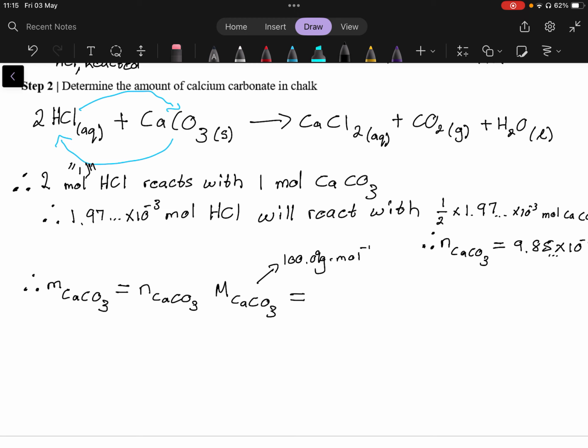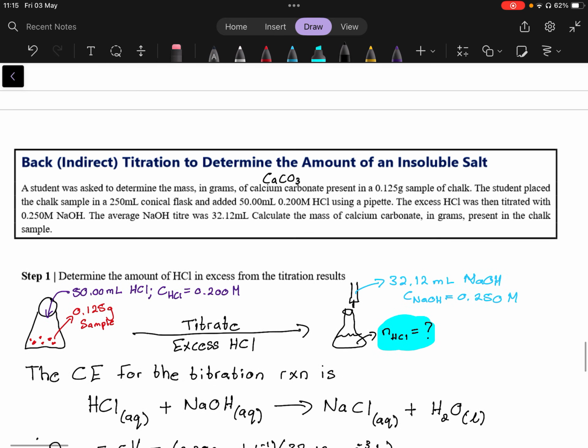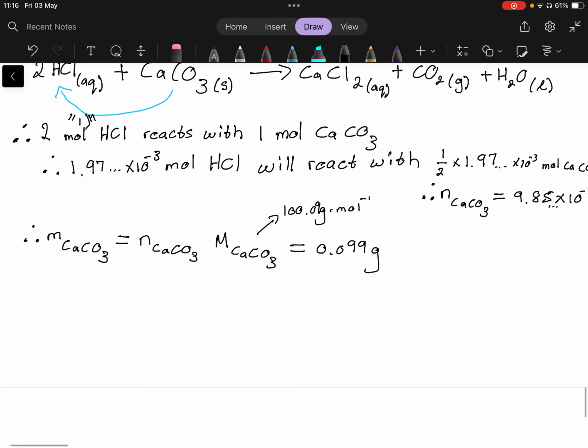So just so you know where my numbers are coming from. So it's equal to 0.099 gram. And just check my significant figures. Actually it needs to be 3 significant figures. So it's 0.990 gram.